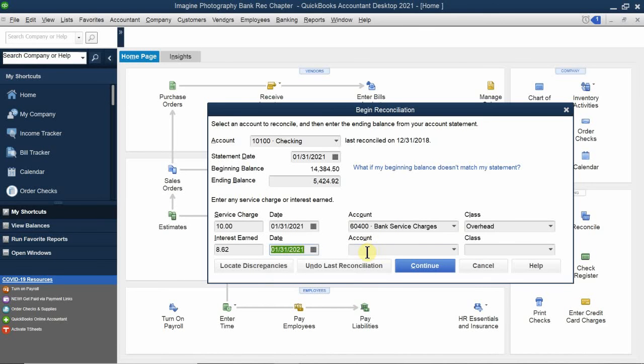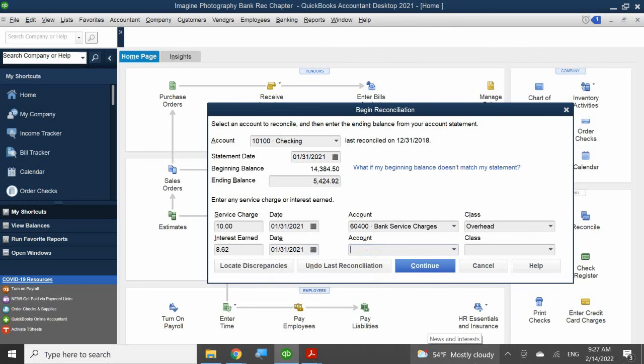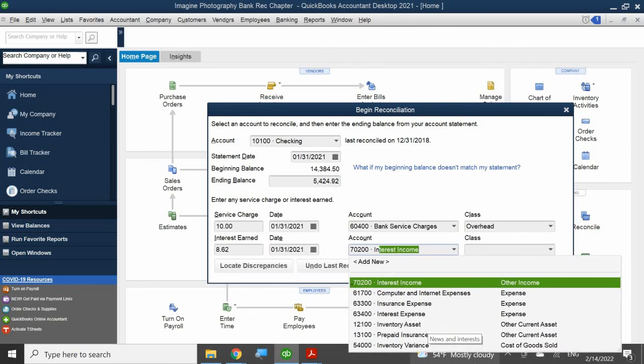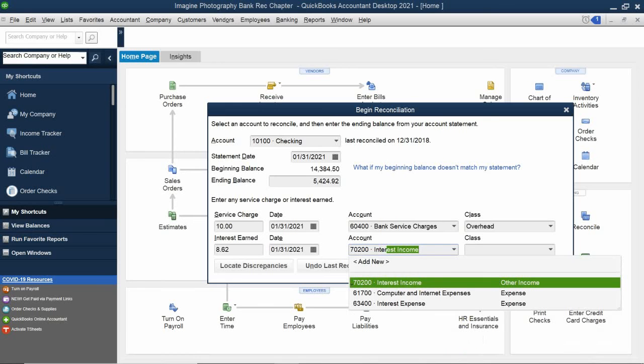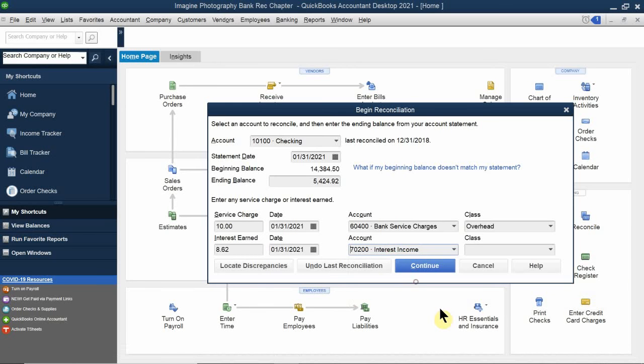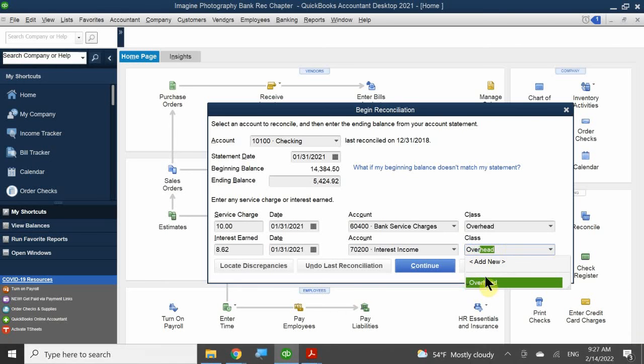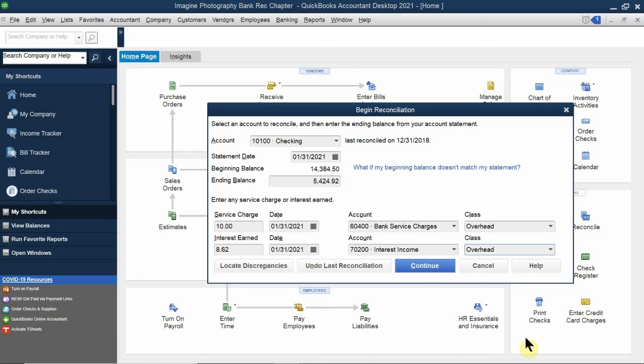And what account is this? This is going to be interest income. It goes towards your income because it's extra money that you charge your customers for the convenience of using or putting on an account. And once again, it affects both companies, so you want to go ahead and put overhead. So I'm going to go ahead and click continue.